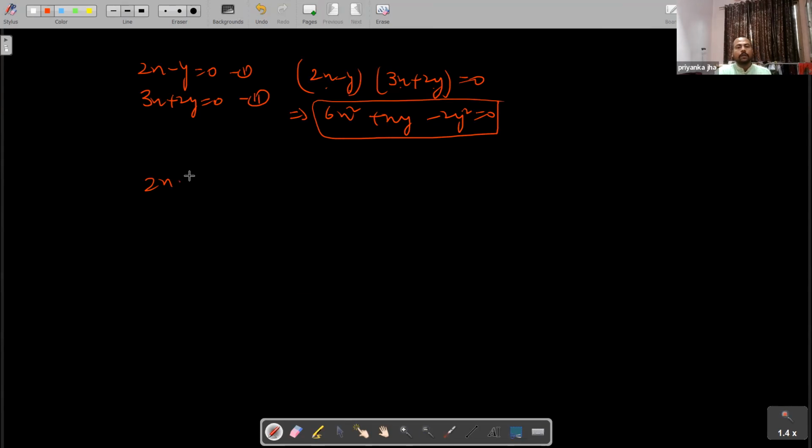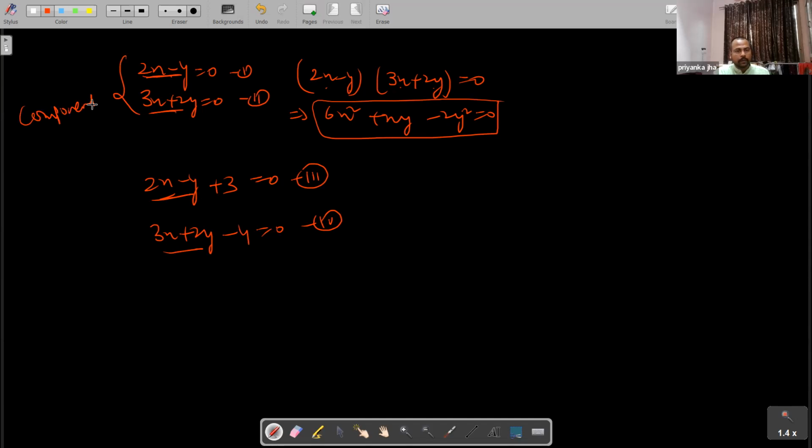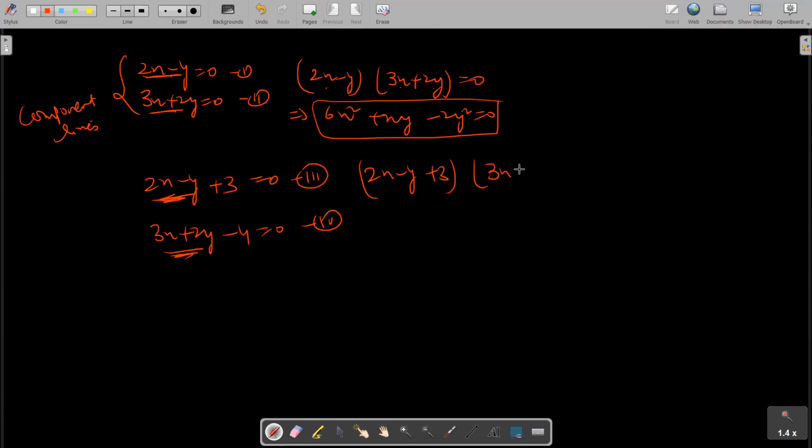Now, if I do one thing, I'll just add one constant here. Like this. I'm keeping this part the same. You can see that. If I call these component lines, here also this part is the same. What I'll do? Just multiply these two equations. 2x minus y plus 3.